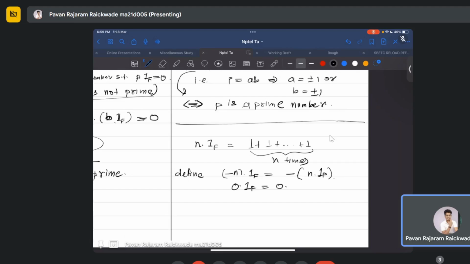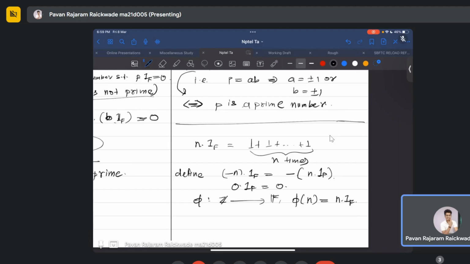With these two conventions, now you define a map phi from the integers to your field F, as phi of any integer n is n times the identity. Now this is a well defined map because you have already defined what it means for positive, negative, and 0.